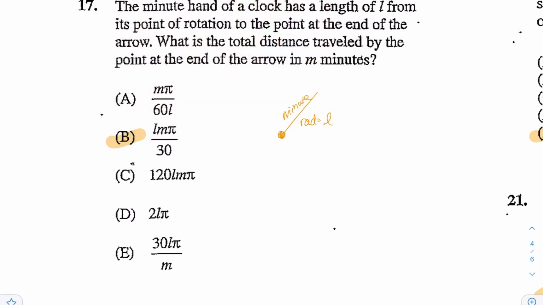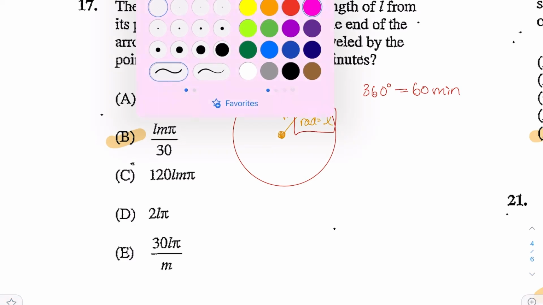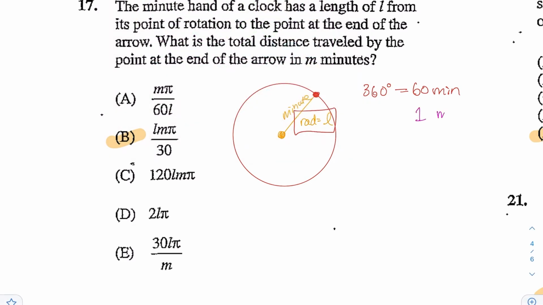And now this clock will rotate around a circle. And when you have this rotating around a circle with a radius of L, one thing to keep in mind is that it goes 360 degrees in 60 minutes. So you can find the unit rate if you divide by 60 in 1 minute. You'll go around just 6 degrees.